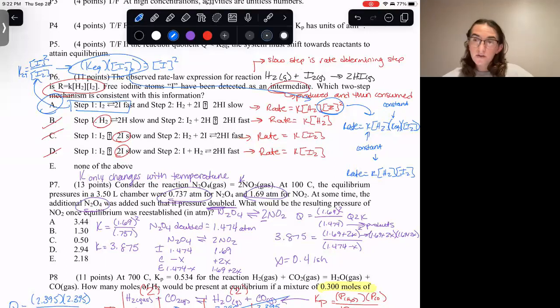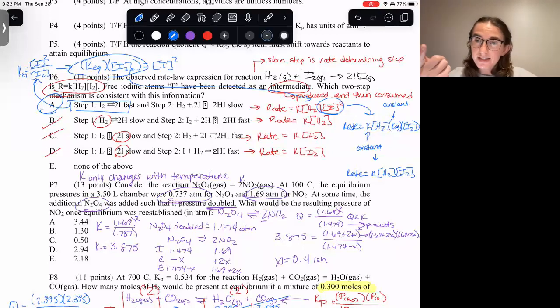Yes. So then I have another question that says, so the intermediate can never be in our rate law, and if it is found in the slow step, we need to replace it with info from step 1. And yes, this is true. At the end of my video from yesterday, a student came up to ask me a question about this, and on the board, I walked through what a 3-step mechanism would look like.